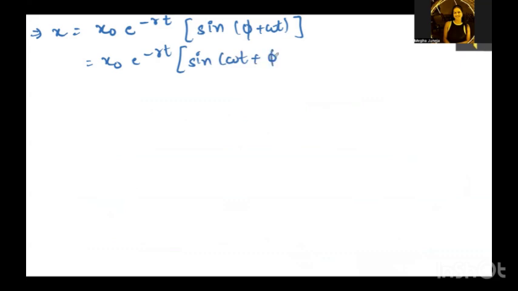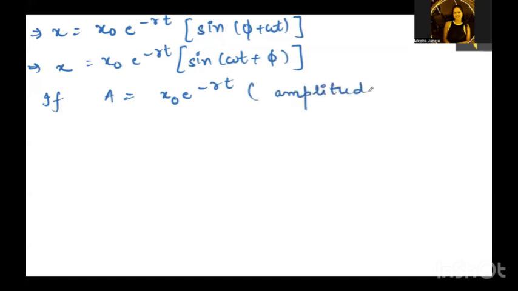So sin omega t plus phi हमारे पास एक फंक्शन आ गया. And what we can say, so जो displacement है हमारी इस equation से, what we can simply mention that if A is equivalent to x naught e raised to the power minus of RT. एंड ये हम ए क्या मान रहे हैं, ए इज गोइंग टू बी द एम्पलीट्यूड. ठीक है, ये ए कांस्टेंट वाला ए नहीं है. सो दिस ए वी आर कंसिडरिंग इट एज एम्पलीट्यूड.